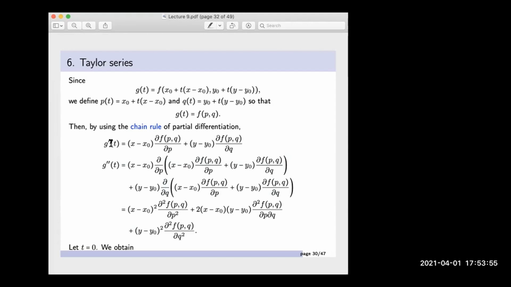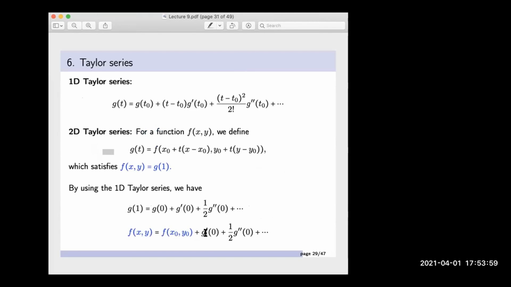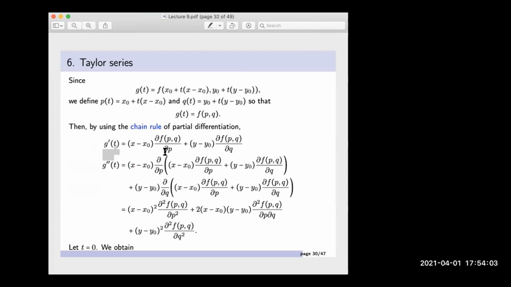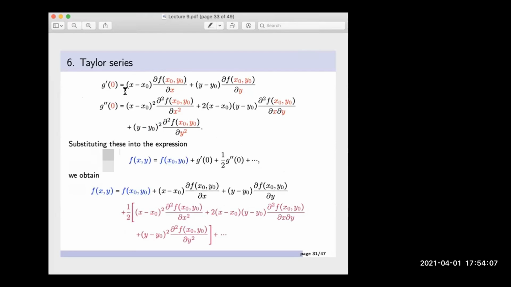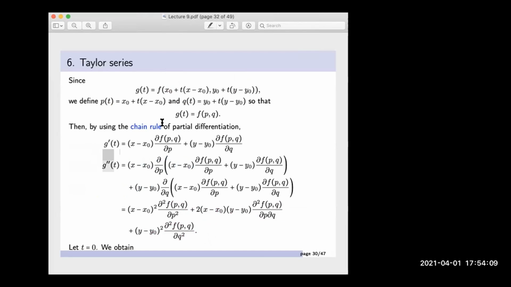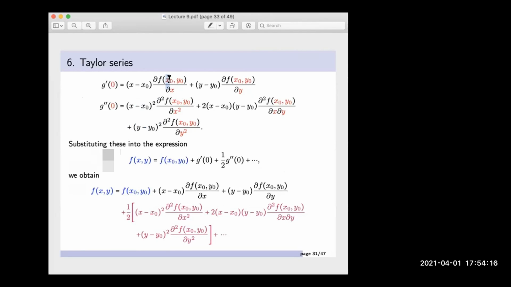Now let's substitute this expression into here. Here we want to set t to be 0. If you set t to be 0, you don't have this part. So p would be x0, q would be y0. So you have x0, y0 here.